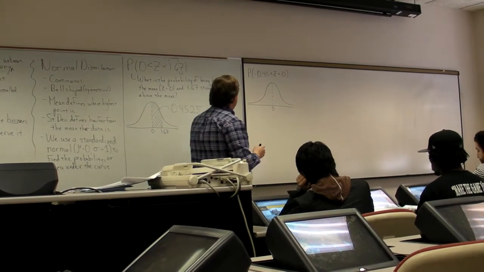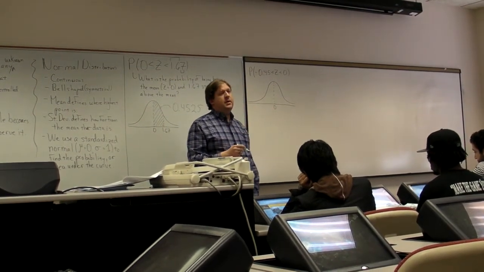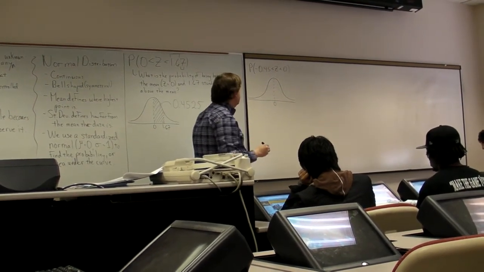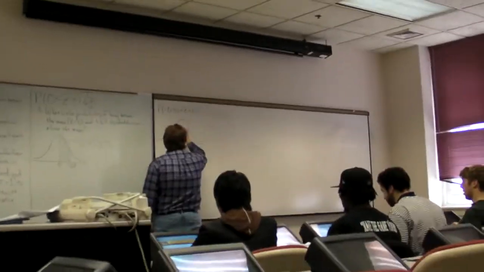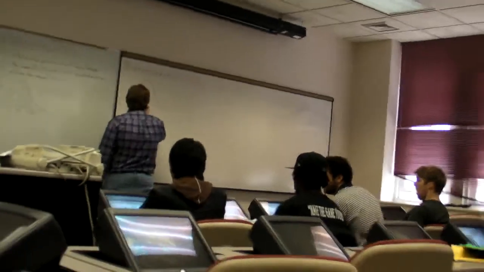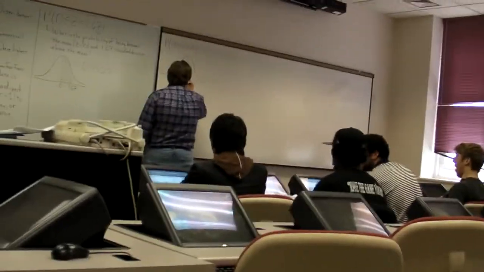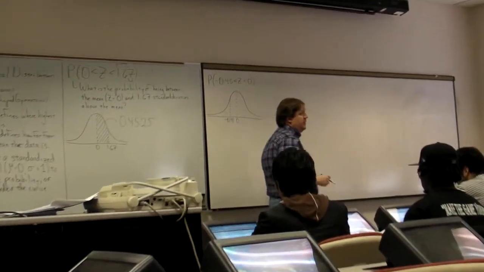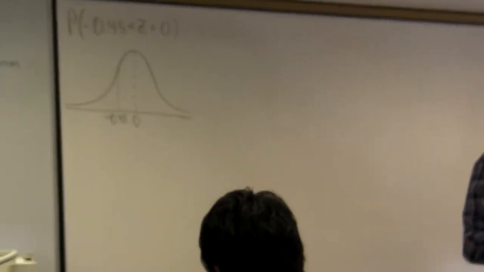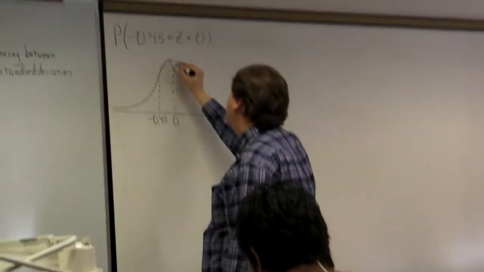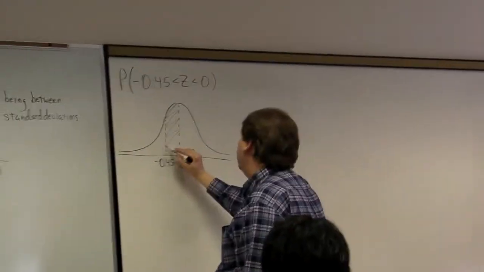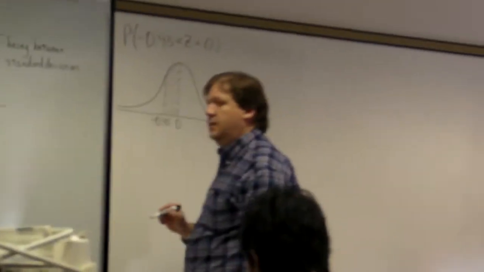And in this case, we're looking at the probability of being between the mean and 0.45 standard deviations below. So I'm going to put negative 0.45 there. And so the area I'm looking for is this area right here.